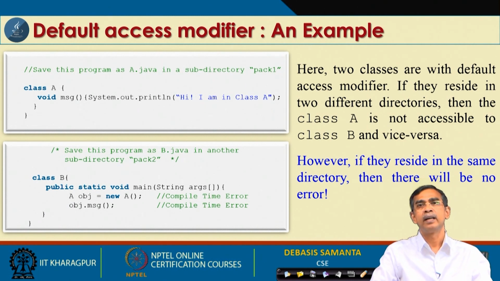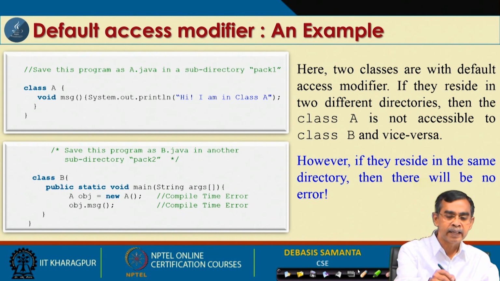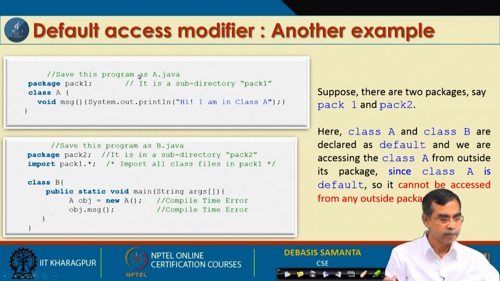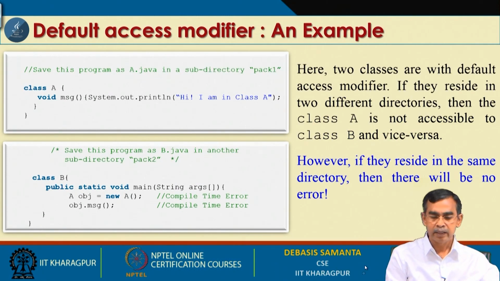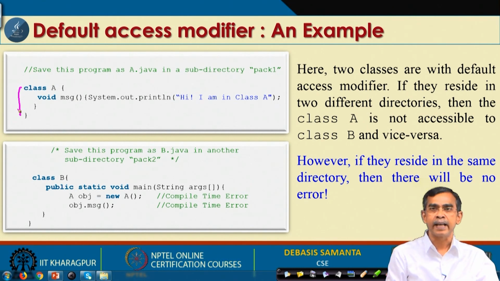Let us have a quick look at the two class files that we have discussed here. In one class file we declare one class. This class is called class A, and it is stored in a file; let the name of the file be a.java.